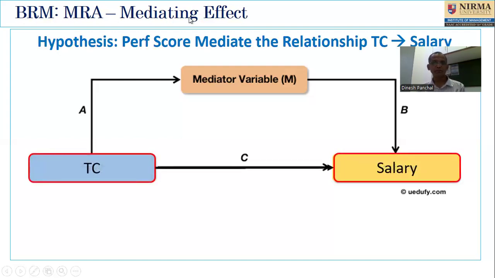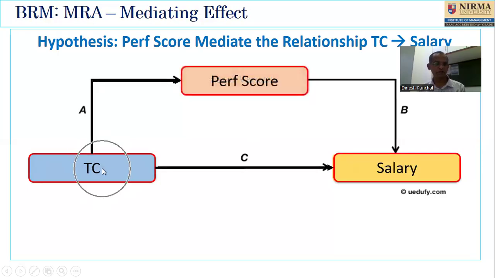Just to give you an example, let's say we have a variable called technical competency and a dependent variable called salary. Does the technical competency affect salary? We can check through regression. If the effect is significant, you would like to check how the technical competency manifests its effect on the salary. Is it direct or through performance?